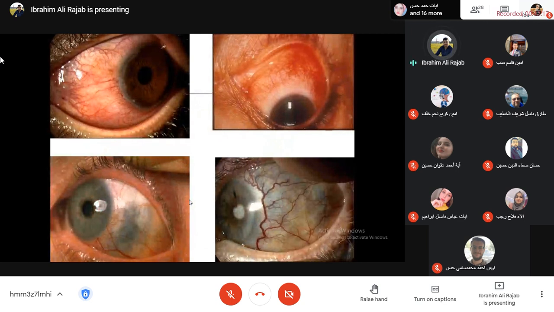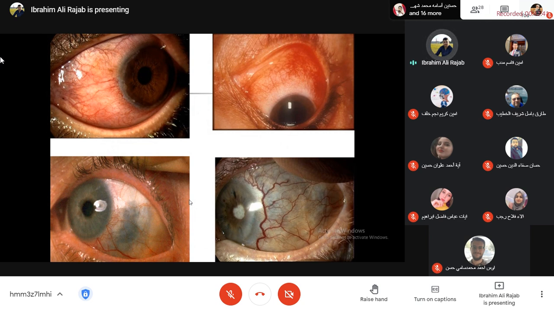And in this image, in the two images inferiorly, there is long-standing inflammation. Long-standing inflammation of the sclera will cause thinning of the sclera. Thinned sclera will reflect the underlying color of the choroid.